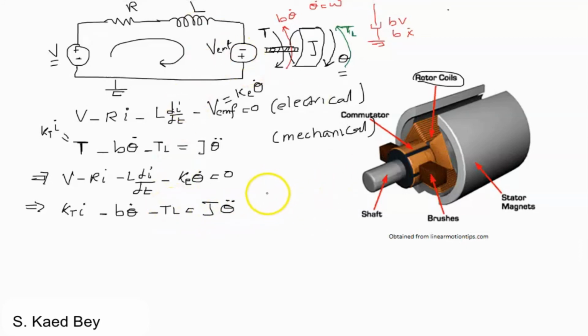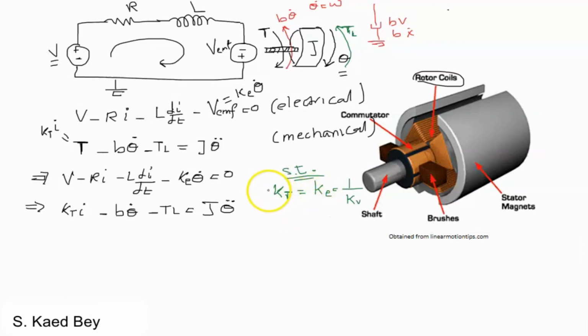Also remember that in SI units the torque constant is equal to the back EMF constant, equal to 1 over kV, and this is only true in SI units.